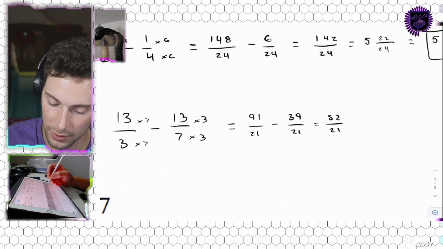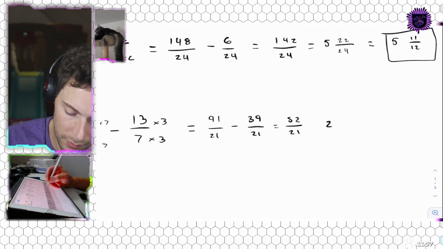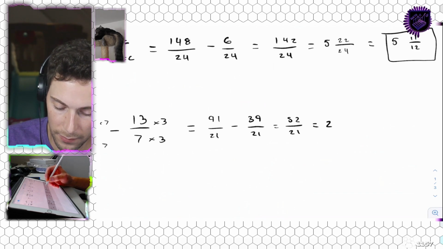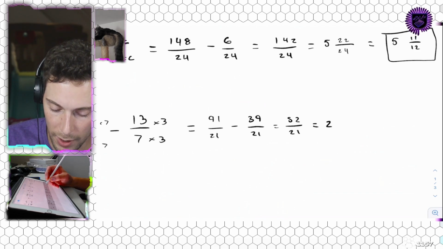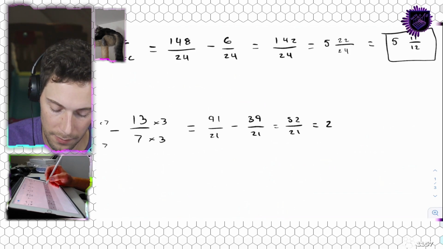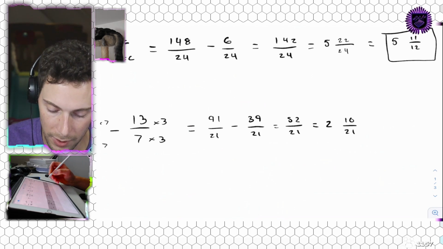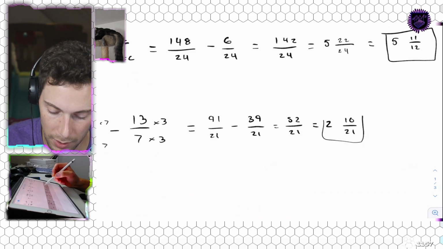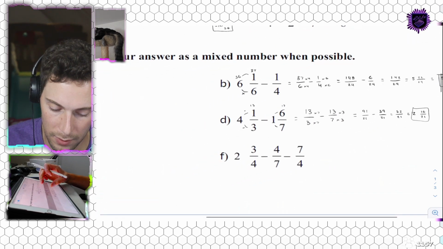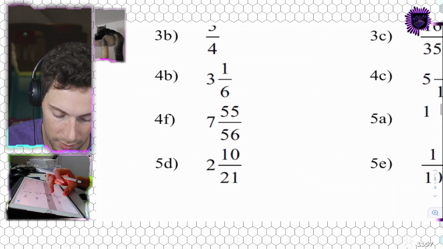Now let's subtract two groups of 21. 2, and so 52 minus 42 is going to equal 10. 10 over 21. 2 and 10 over 21. 5D, yes.